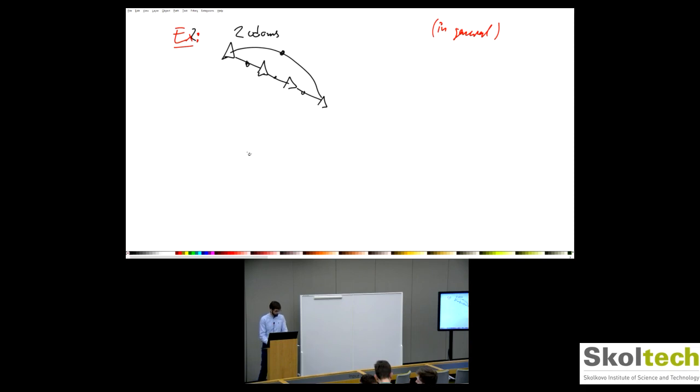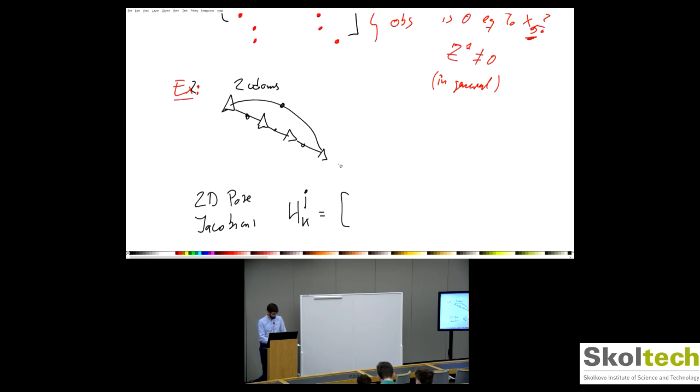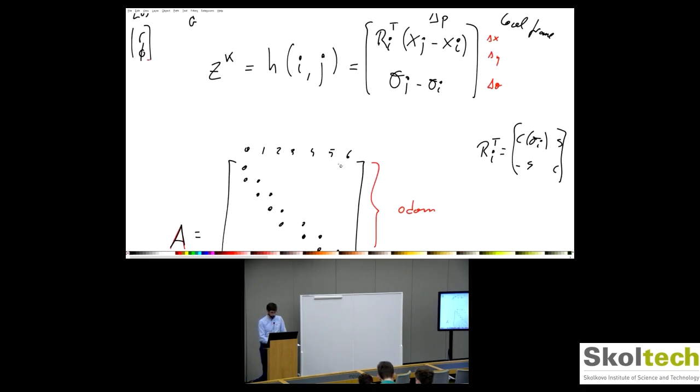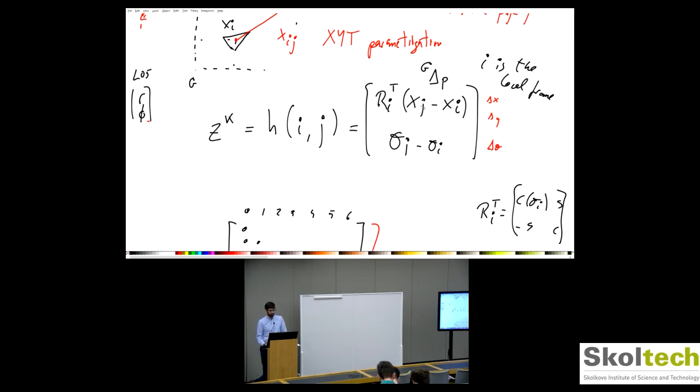Okay, and if we were discussing how to fill this adjacency matrix, then there's a very important detail, which is the Jacobians, right? In this case, we have the K observation, and we want to relate it to whatever pose we're observing. So this basically comes here, and we need to derive with respect to xj and theta j, right?